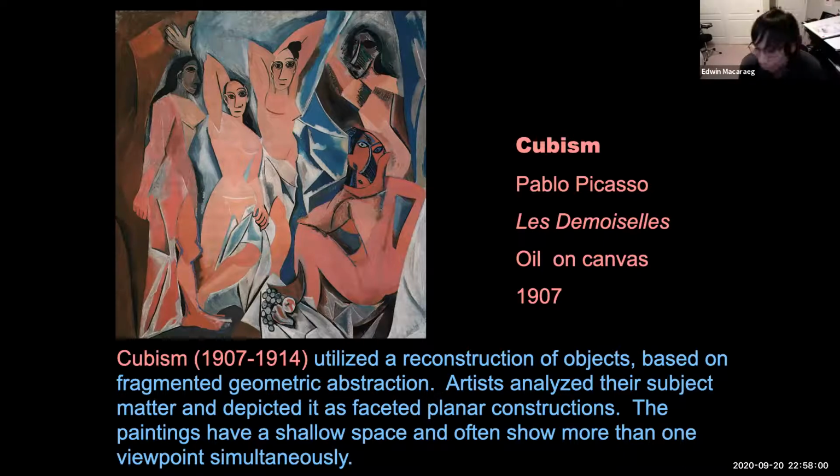And so it became very problematic for the people at the time. Some people say Picasso was making a statement in terms of the way he felt about these red light districts. And so I'm just going to leave it at that.